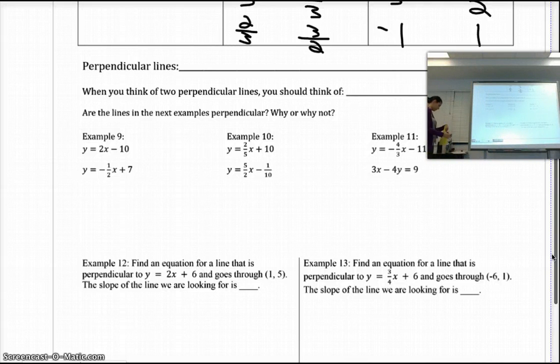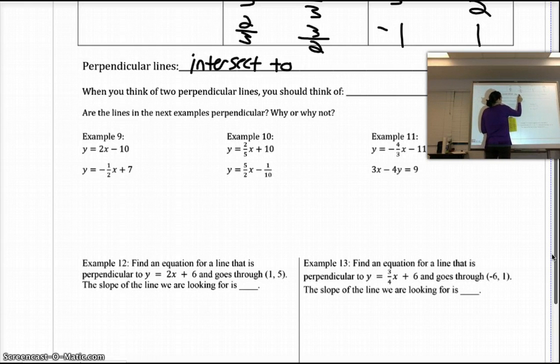Lines that intersect, and intersect to form right angles.